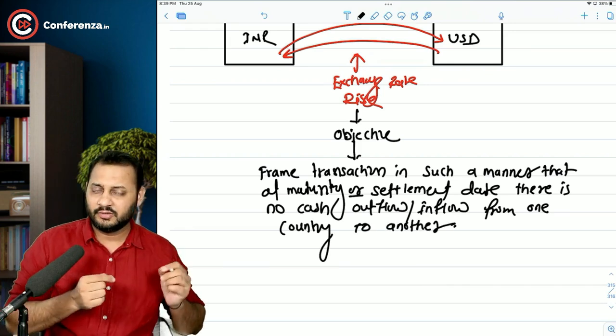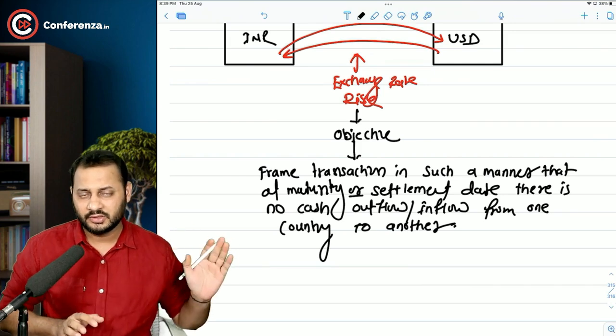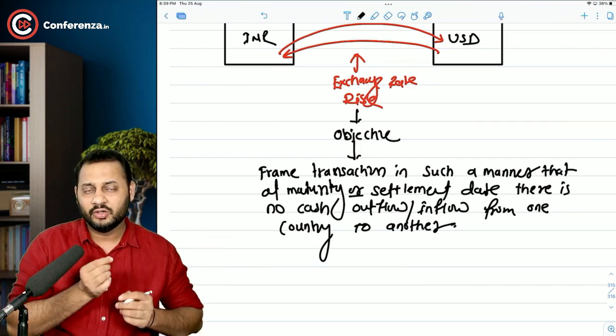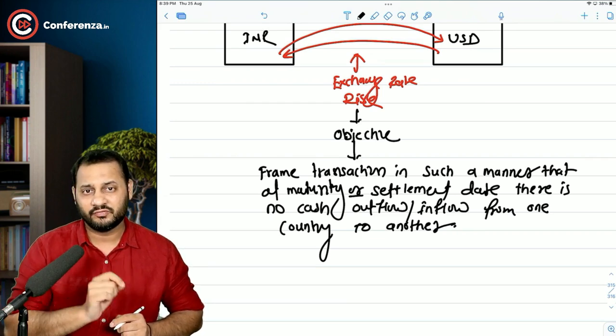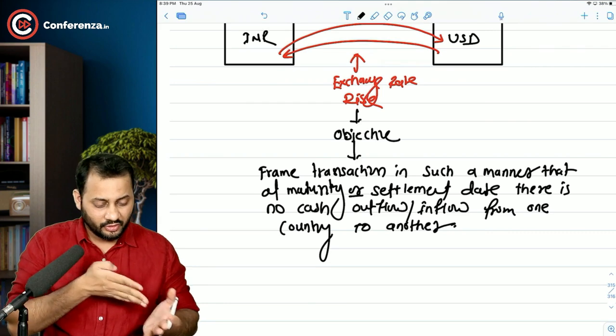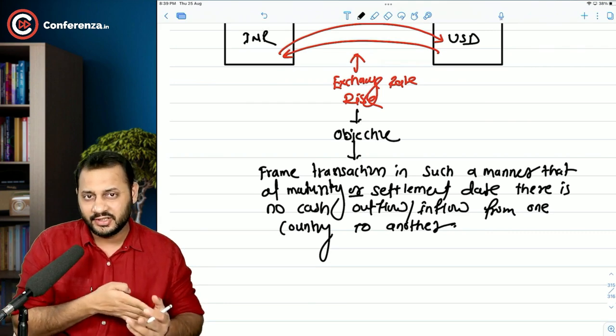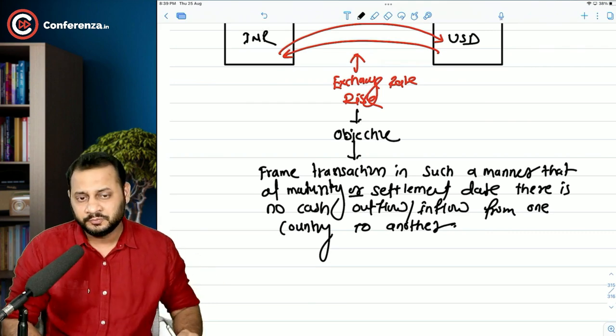And if we are successfully able to do this, then there is no need to know or find out the exchange rate at maturity. And if we are not using the exchange rate of the maturity date, then there is no risk.